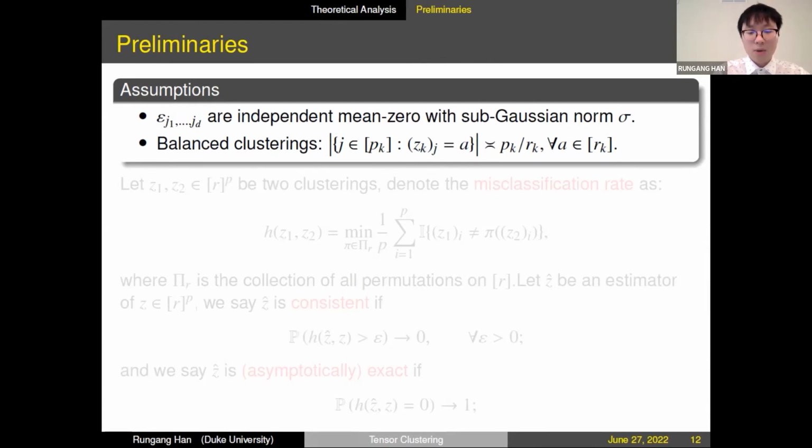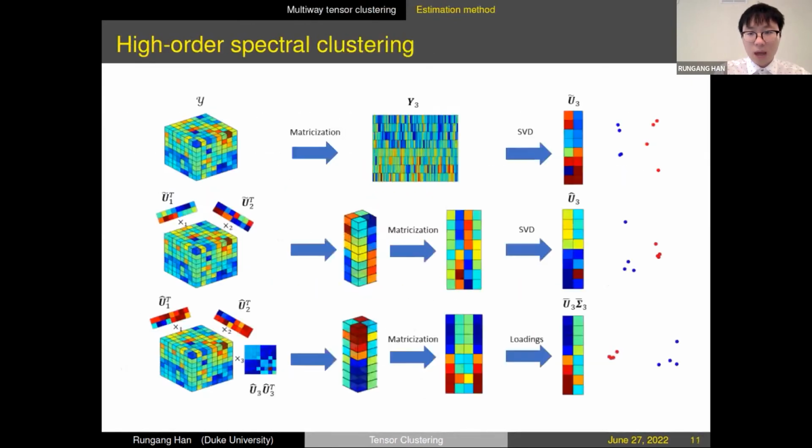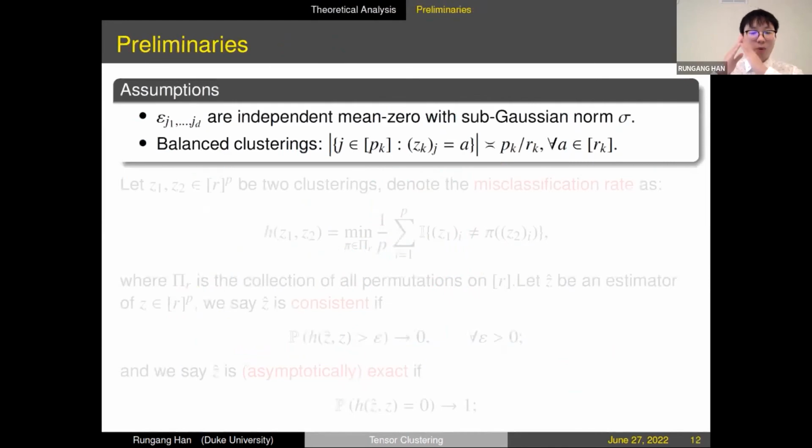But the more theoretically interesting work is to consider a sparse graph where the connecting probability tends to 0. In that scenario, firstly, we need to define a different signal-to-noise ratio, because in the Bernoulli model you don't have a separate mean separation and variance. They are all characterized by the connecting probability.